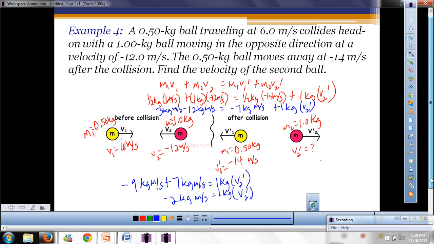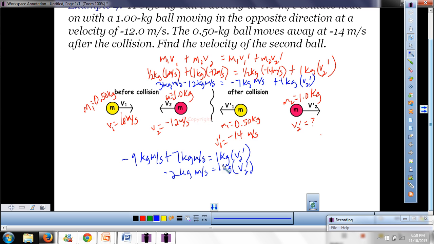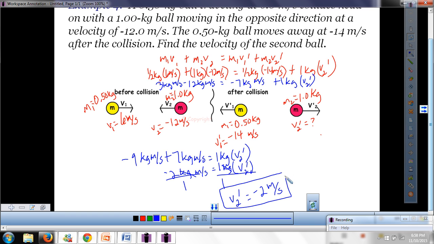So if I pay attention to my math, the kilograms will cancel. 1 divided on both sides. So it looks to me like V2 prime is going to be -2 meters per second. Which means this one right here is continuing to move to the left, but at a much slower rate.